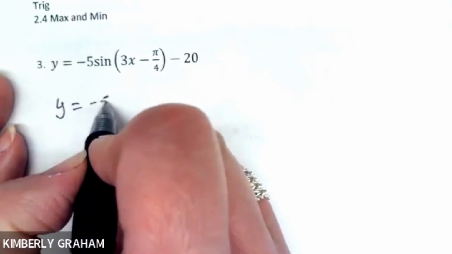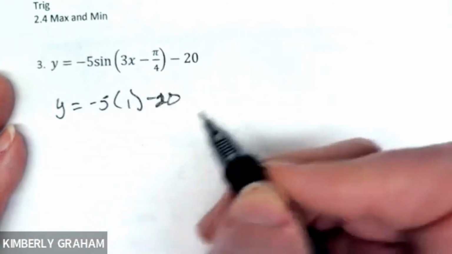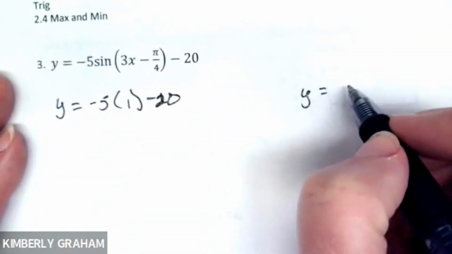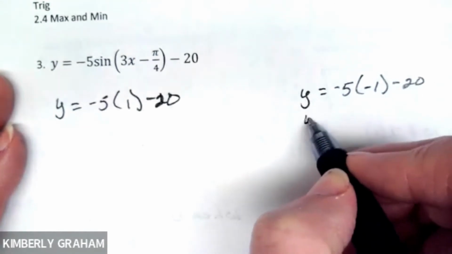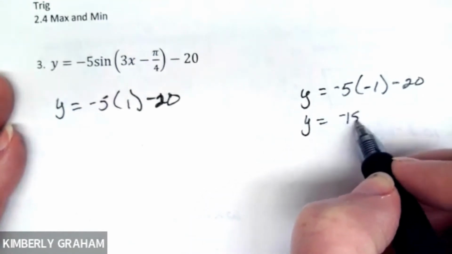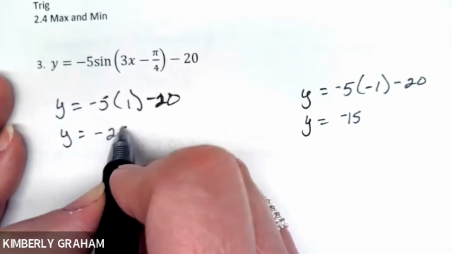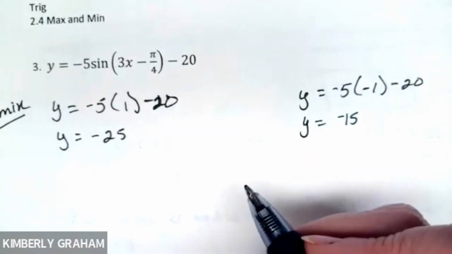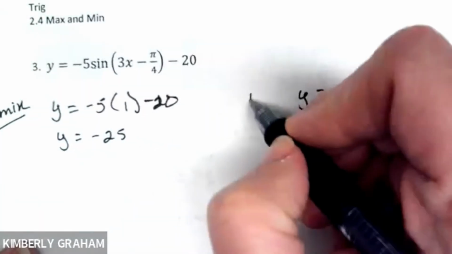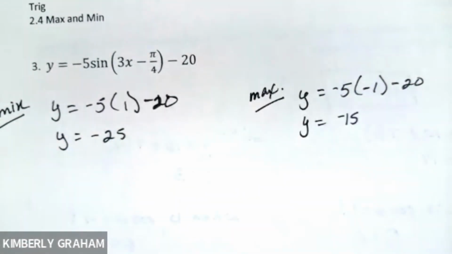So I have -5 times 1 minus 20, and I have -5 times -1 minus 20. That's -15, and that is -25. So my minimum is actually when sine is 1, and my maximum is when sine is at -1.